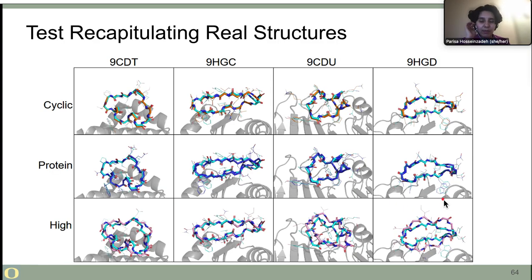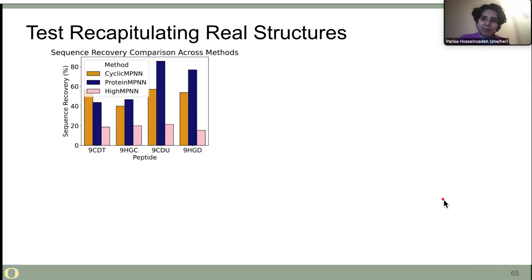So we have made cyclic MPNN, we had protein MPNN to compare it to, and then we also had HighMPNN, which was another deep learning method that claimed to be good. So we took this as well. As you can see here, cyclic MPNN is doing as good as protein MPNN, if not a little better, and HighMPNN is off, I should say.